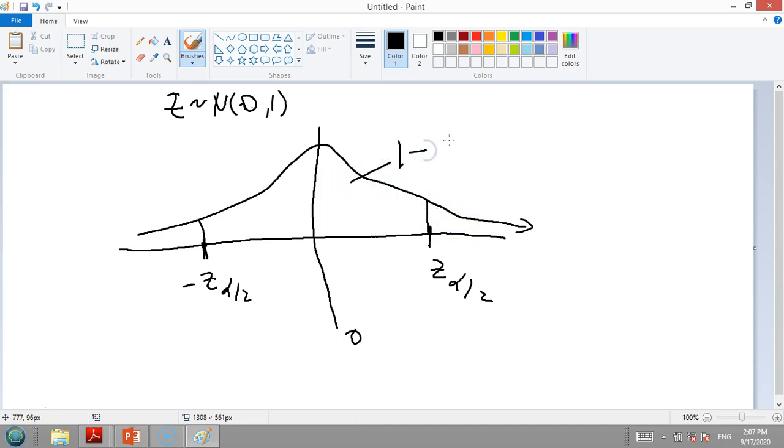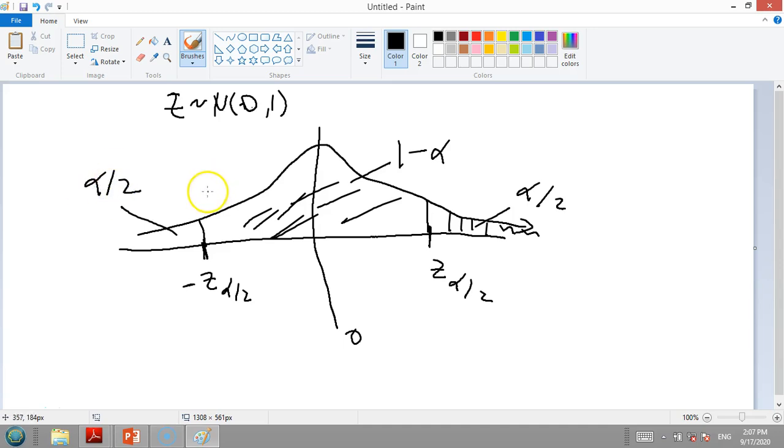And this means this probability here is 1 minus alpha. This probability here is alpha over 2. And this probability here is also alpha over 2. So guess what? If I want high confidence, and what is alpha?